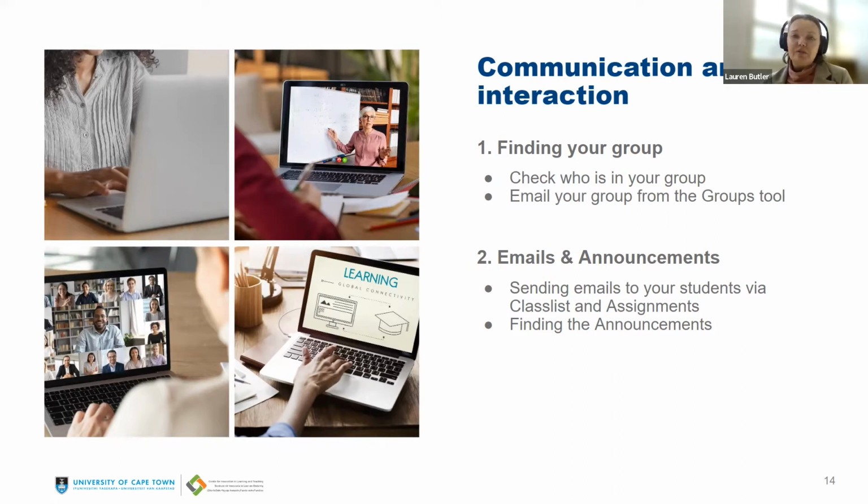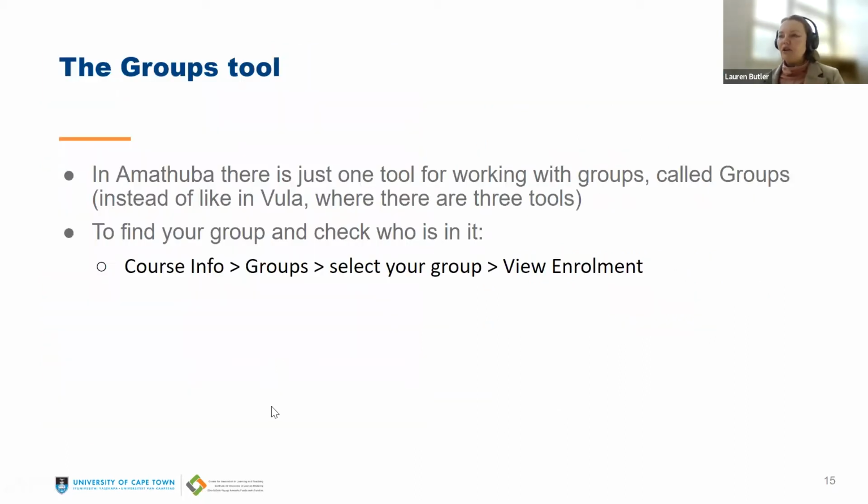And then I'll also briefly look at the Quickeval, which is a new tool on Amathuba. It can possibly be quite useful to you when you are busy grading submissions.